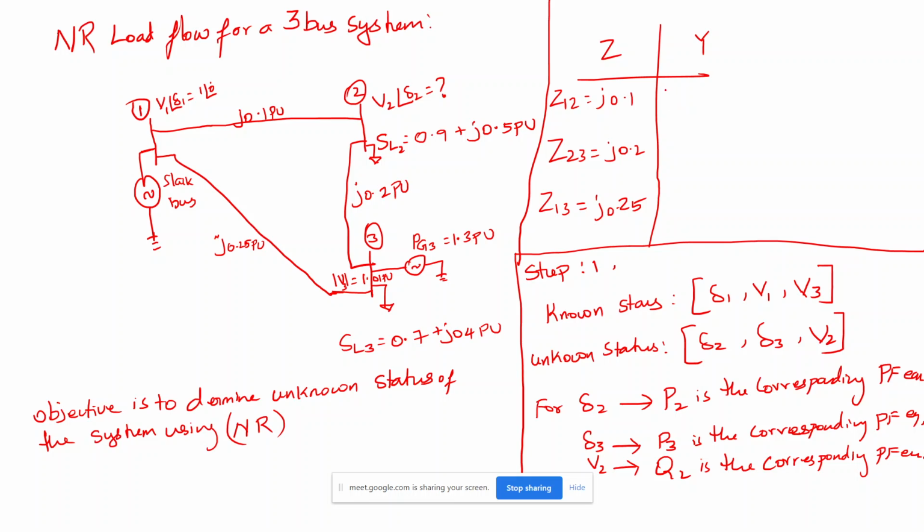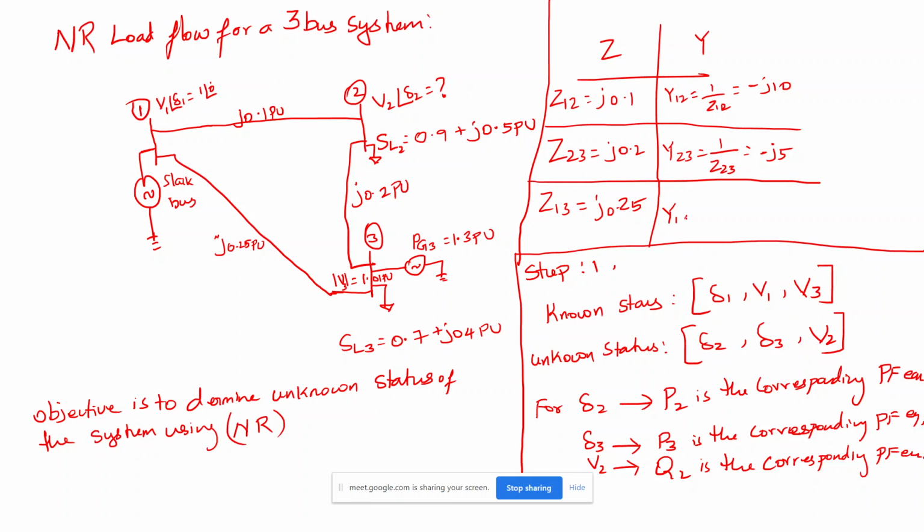If I want to find Y12, it is nothing but 1 by Z12, and if you calculate, you will get the value as minus j10. You can calculate it later. Y23 is 1 divided by Z23, and you will get minus j5. Y13 is 1 divided by Z13, and the value of this is minus j4.